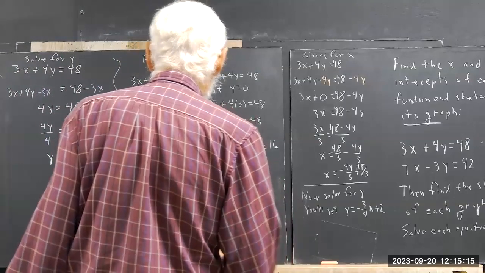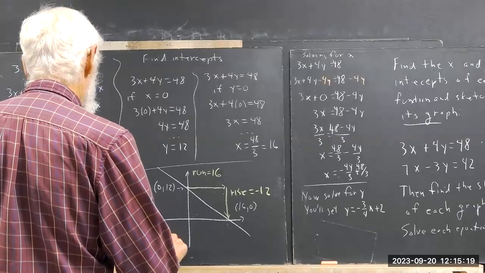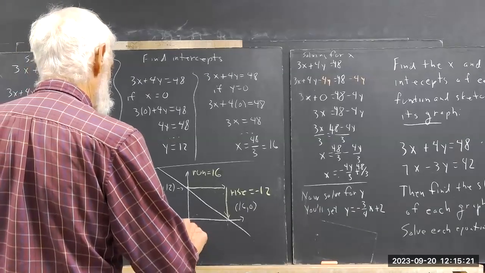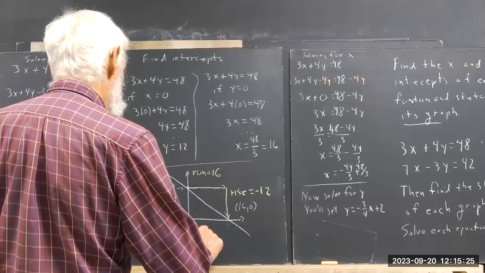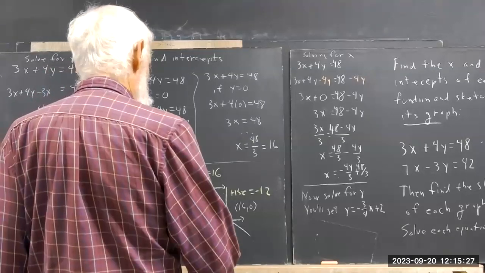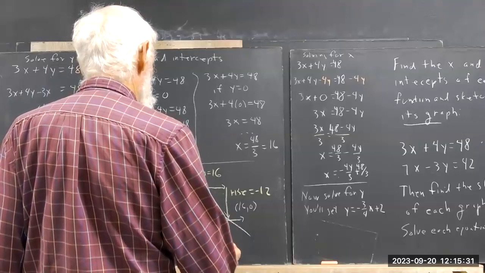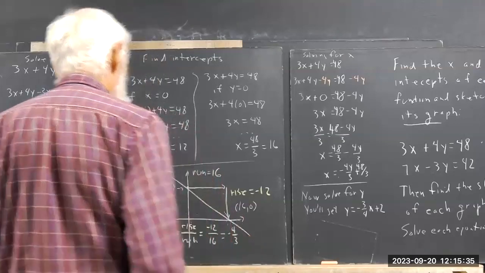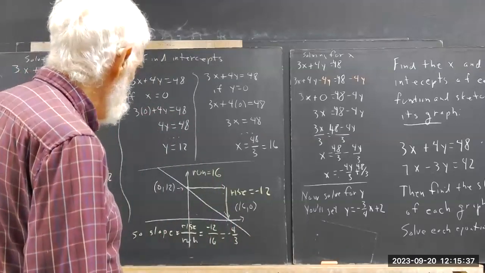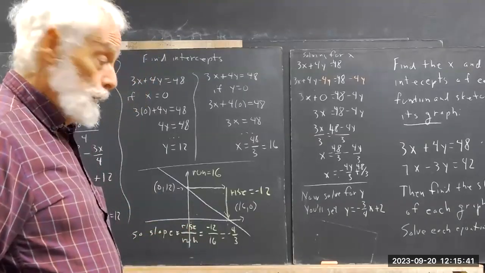Okay, so the slope equals rise divided by run equals negative 12 over 16. And that reduces to negative 4/3. Okay. Well, now we have the information we need to write the equation of the line.